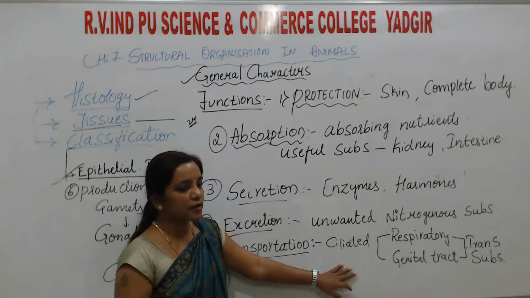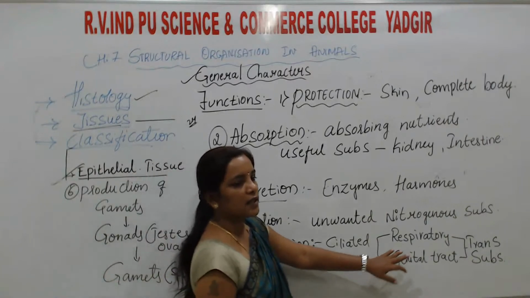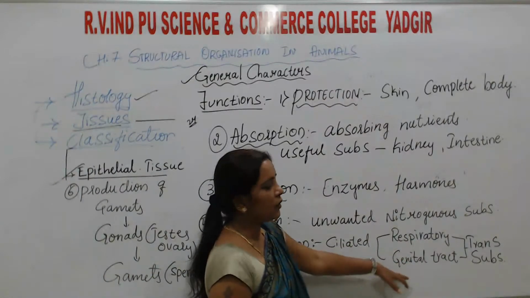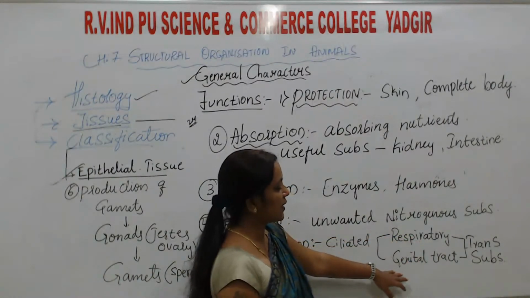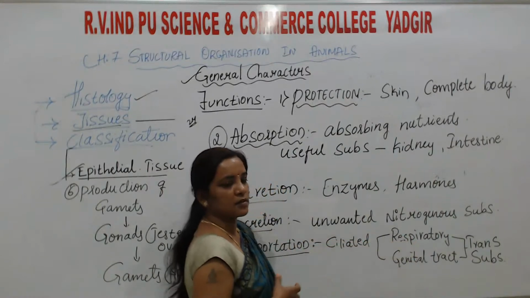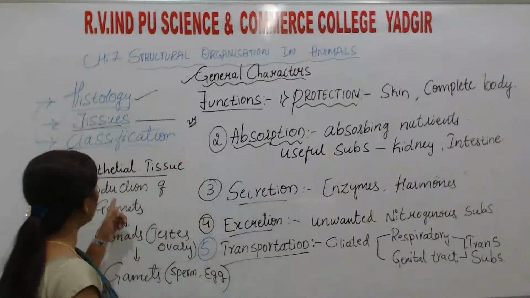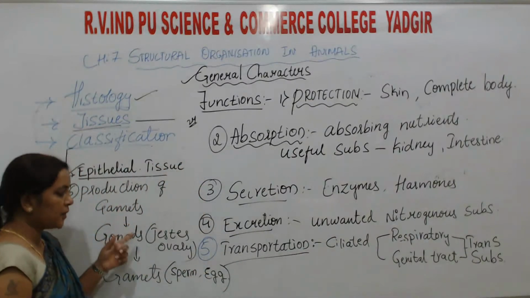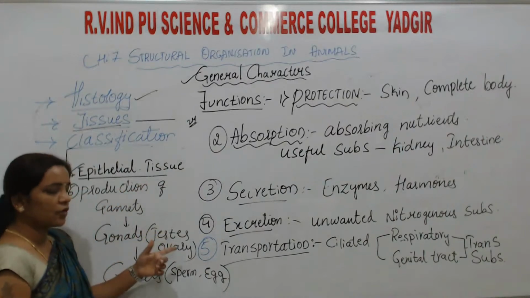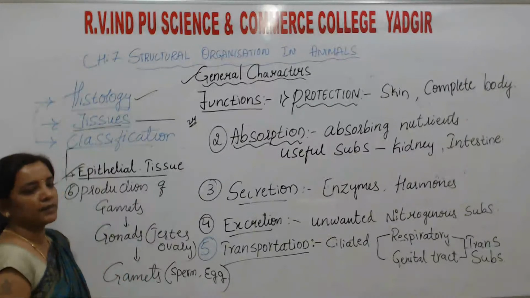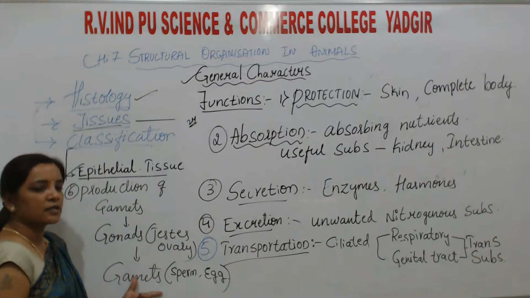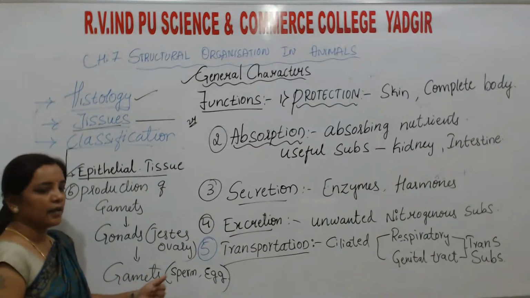Cilium means thread-like structure, usually present in the respiratory system as well as the genital tract, where they are responsible for transporting substances. They are also involved in the production of gametes. The gonads, testis or ovary, are lined by epithelial tissue, and they are responsible for release of the gametes, sperm or eggs.